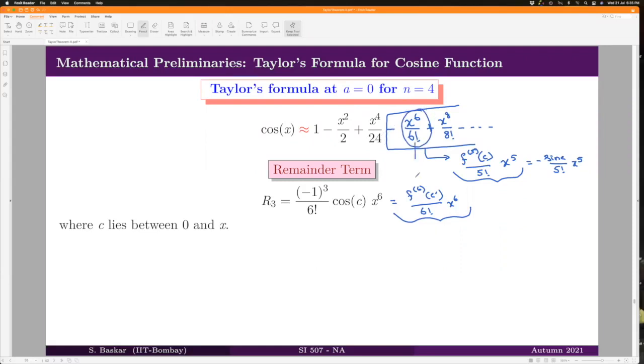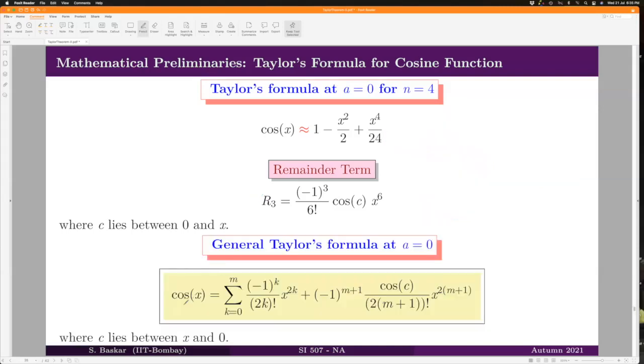Based on that term, you write the remainder term, and that is going to be preferred in the numerical analysis course. If you write this term, although it is correct from the calculus point of view, in the numerical analysis course we don't prefer this. The reason I will tell you in the next section.